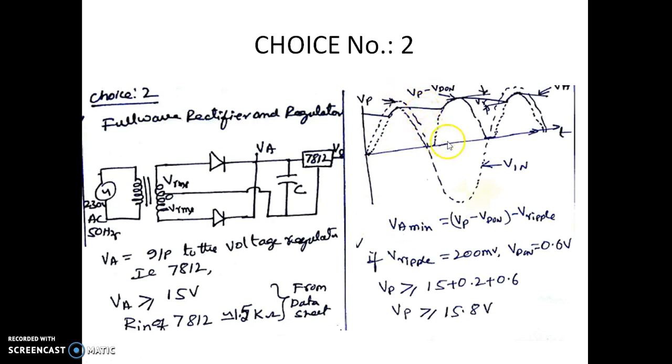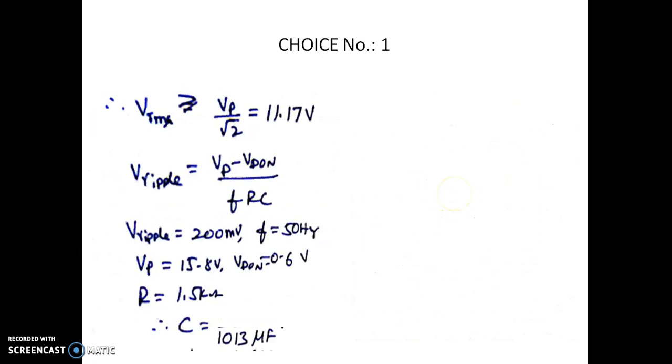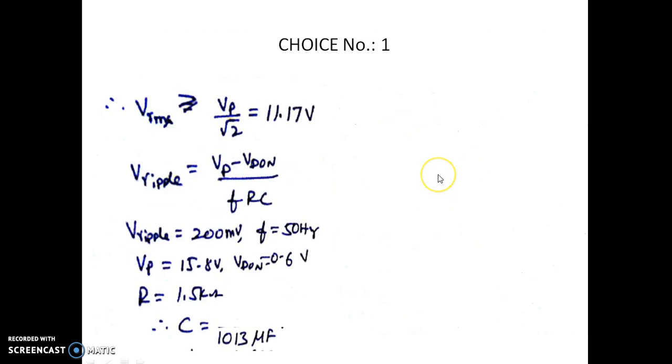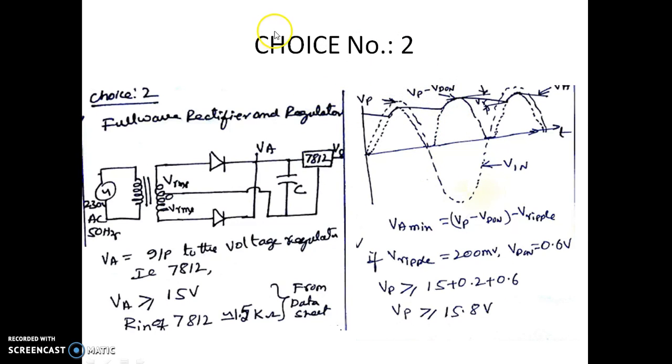Here the waveform repeats for every half cycle. In the previous case we didn't have the waveform in this half, so this is a major difference, as you can make out. Now we are going to have a waveform coming in this half also.